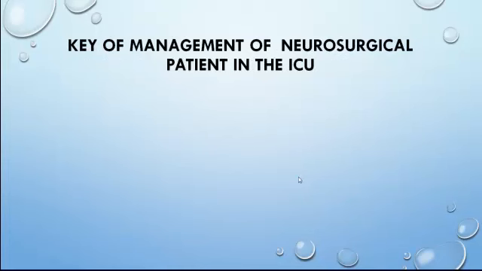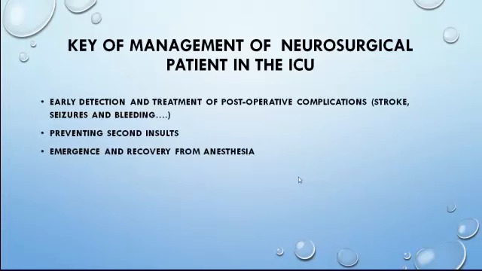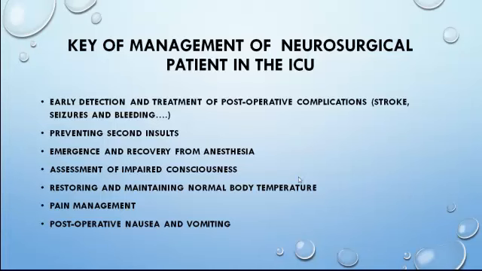The key management of neurological patient in the ICU is early detection and treatment of post-operative complications, for example, seizures, stroke, bleeding, hemorrhage, preventing second insults, and emergence and recovery from anesthesia, assessment of impaired consciousness, because this can be a very important sign for the occurrence of complications, restoring and maintaining normal body temperature, because usually this is a long operation time and there is a lot of fluid transfusions, so the patient usually suffers from hypothermia, pain management, and post-operative nausea and vomiting treatment and prevention.